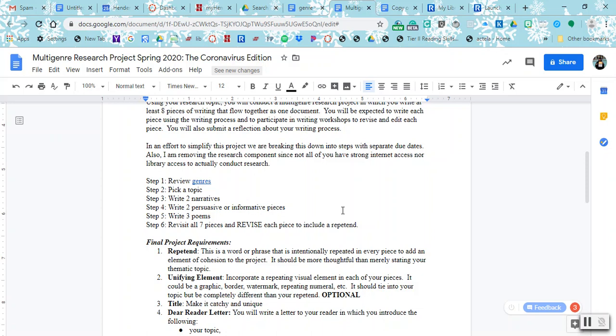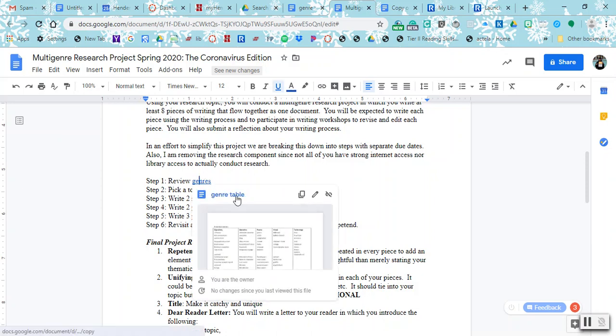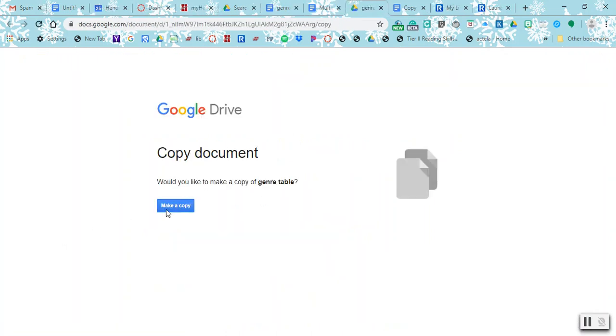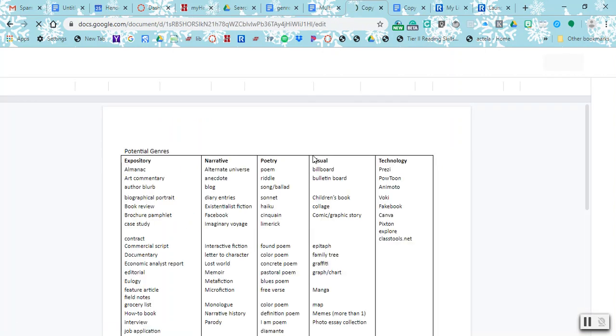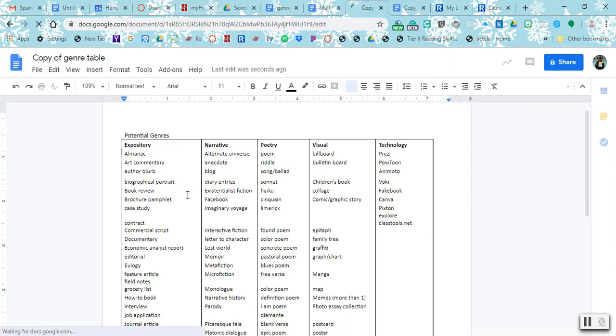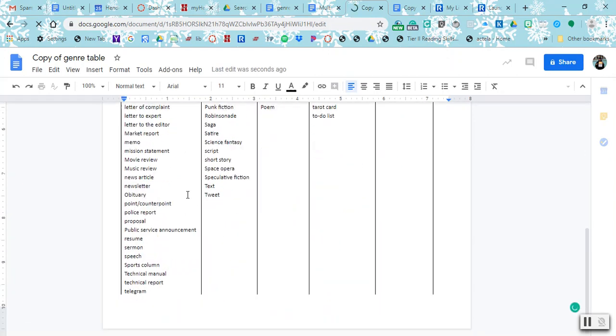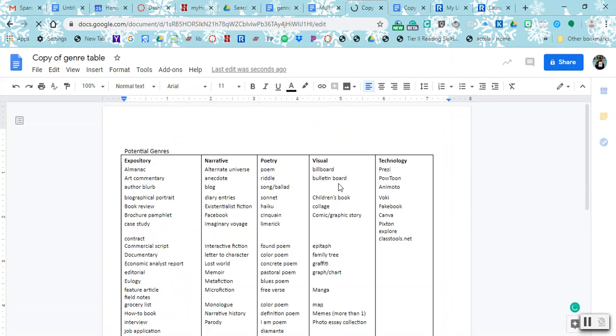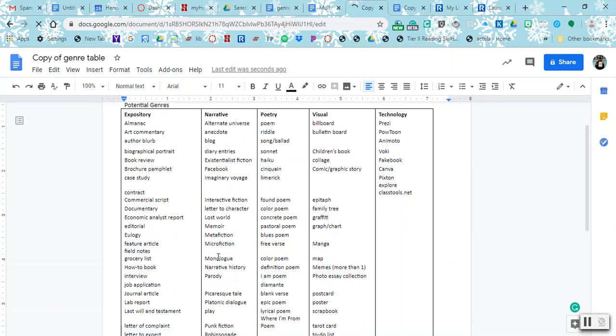So step 1, we need to review genres. If you click on this handy dandy hyperlink, this genre table will pop up. I'll ask you to make a copy. Even my internet's a little slow. And these are not all the genres in the world, but there's a lot of them. Take a few minutes, go ahead and pause this video, and just read through this.